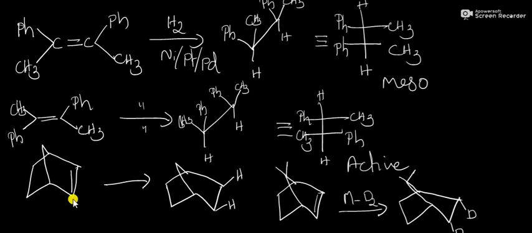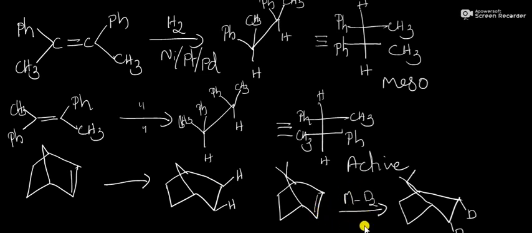Another example for catalytic reduction. Here also the olefin will be reduced into a saturated compound, and here is the steric hindrance. So hydrogen will be attached to this position, and here is another unsaturated olefin system.